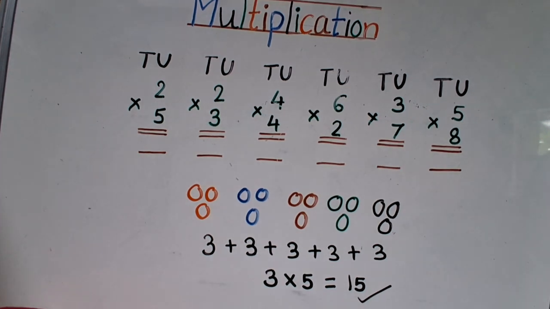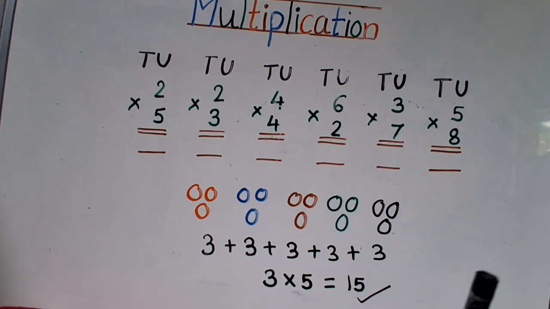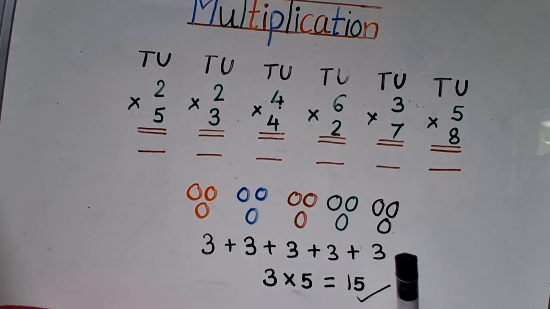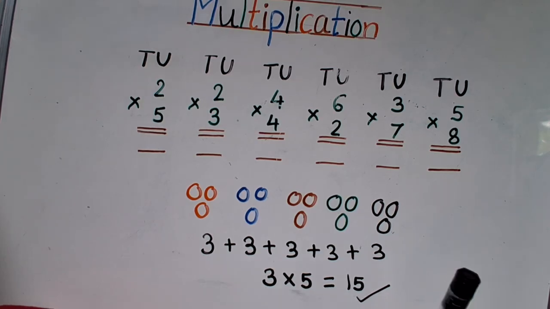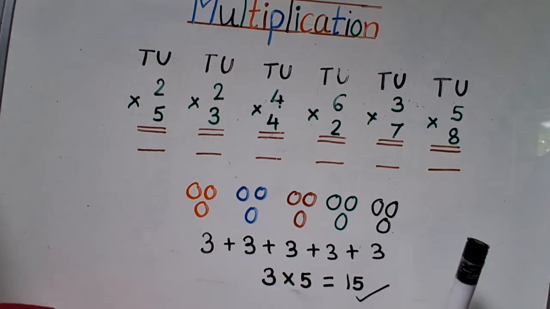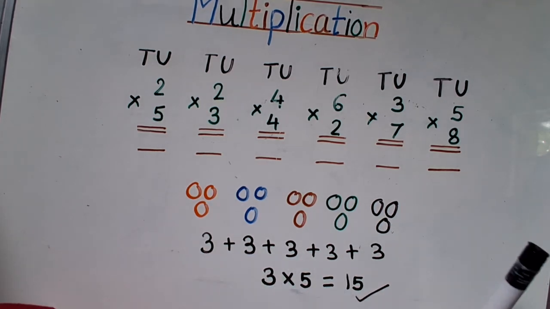Wait, kids, before starting the actual work, let's learn a few things about multiplication. Okay, see, multiplication helps us to find the total quickly, right? It is much faster than repeated addition. We all know multiplication is repeated addition, but the repeated addition method is time consuming.